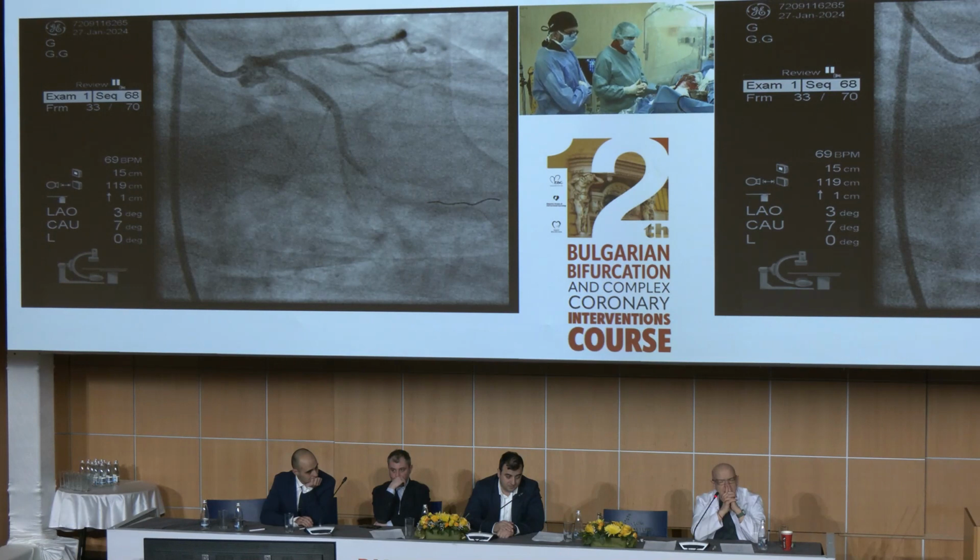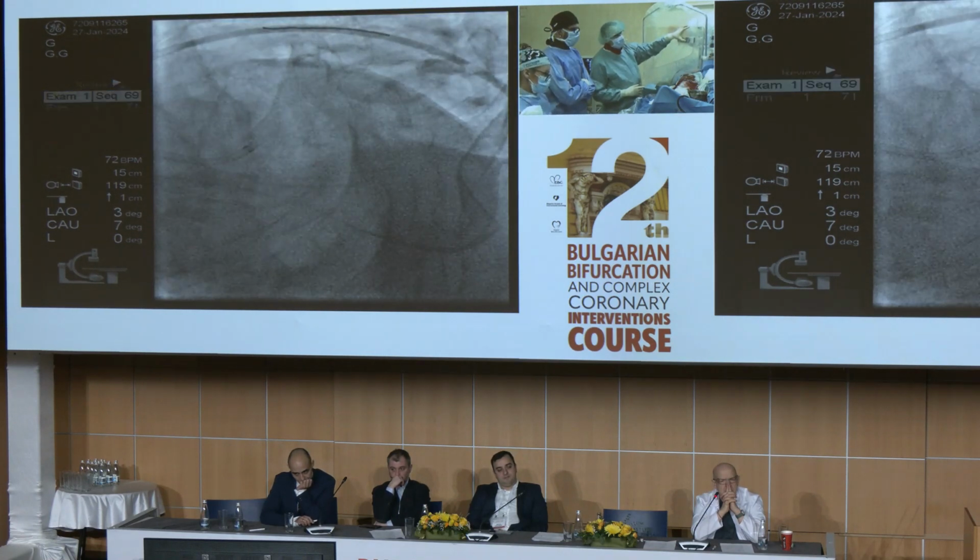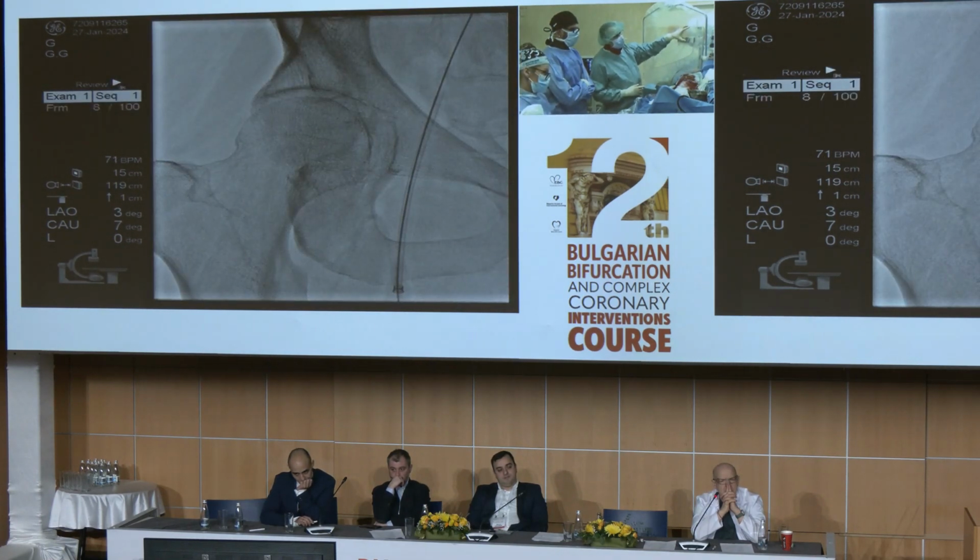Okay. 220, it is in the middle, but I'm not sure that I will be able to make an LED. Maybe we can wait to see what will be the circumflex and then manage.